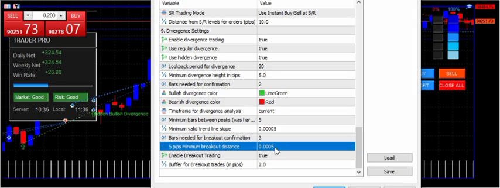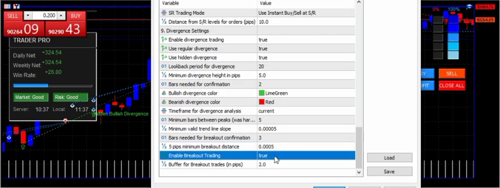So here you leave this like this because we are using a 5-pip broker. If you are using 4, you just reduce the number, but we are using 5, so leave it this way. Now we have the breakout trading. If you want the breakout logic to be functional, you enable this.